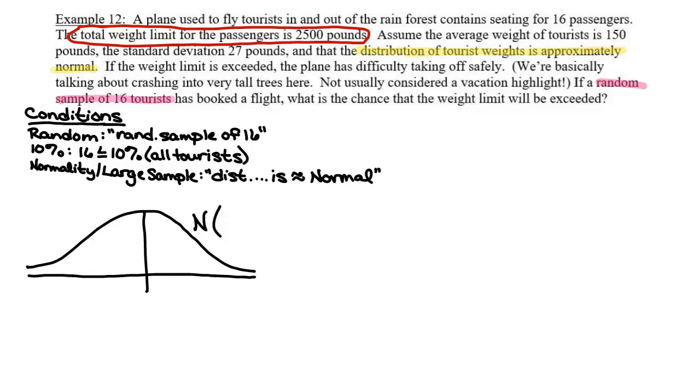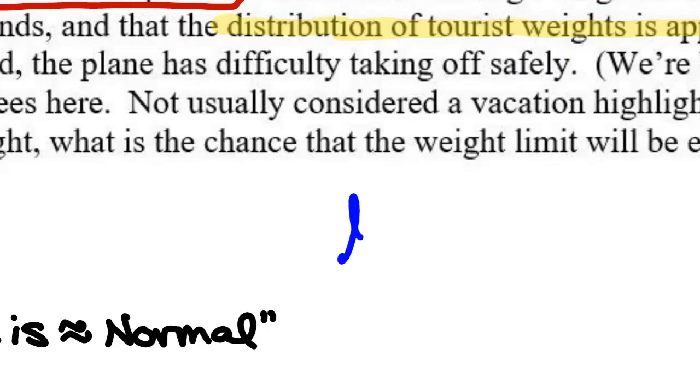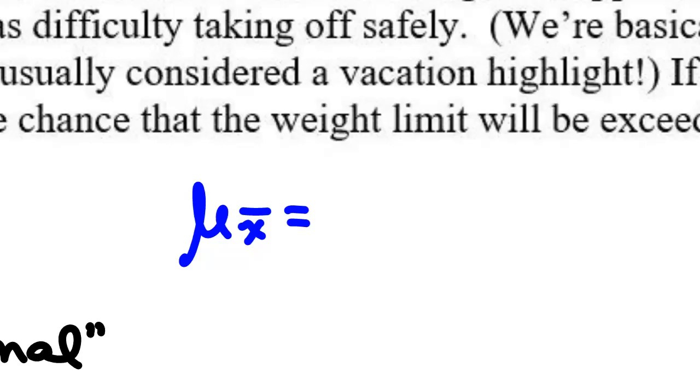All right. What do we need to calculate before we can even answer the question? Mean and standard deviation. So the mean for X bar would be what? 2,400. How did you get that? You're absolutely right.